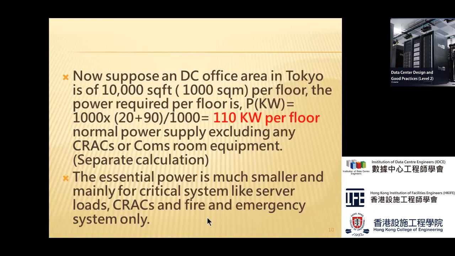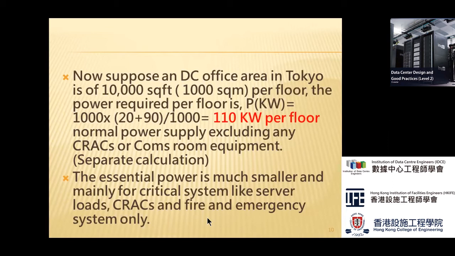Once the normal power from the supply company breaks down, the UPS goes on first. As we said last time, the UPS would immediately, without any break, provide power to the critical equipment like the server racks and circuit system. The CRAC is not on UPS, the CRAC is on essential power.